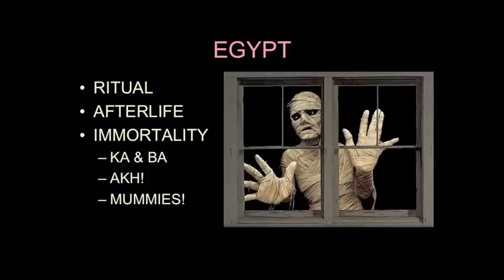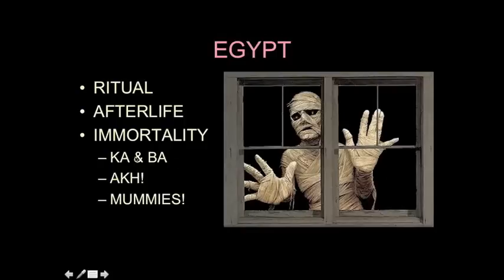Let's just say a few more words about mummies, because you don't always get to talk about mummies, for heaven's sakes. The body is preserved in this kind of ghoulish manner. And the reason you need the body is that the Egyptian idea about the being is that it has 3 entities: the Ka, the Ba, and the Ah.